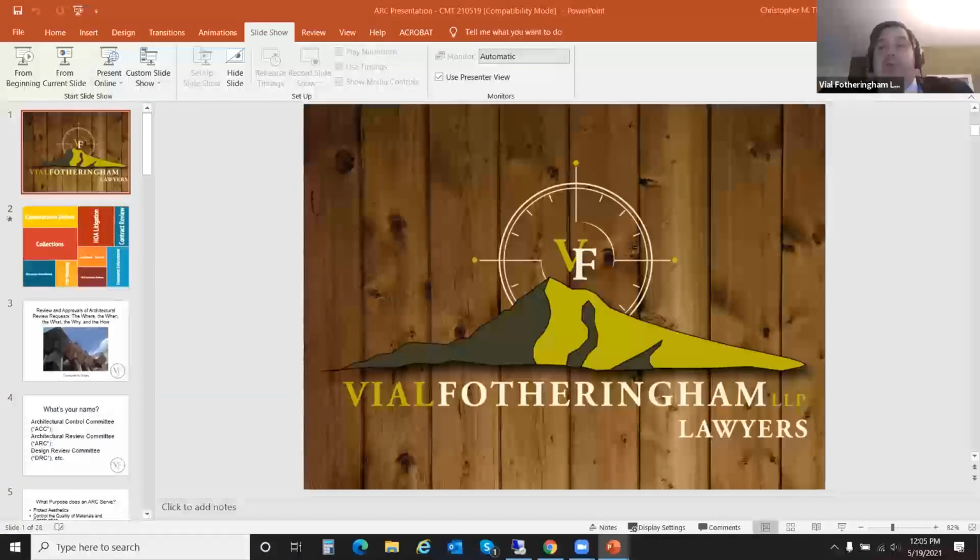Many different things, but the design of an ARC in the governing documents is to protect the quality of materials and construction. So just love this picture.